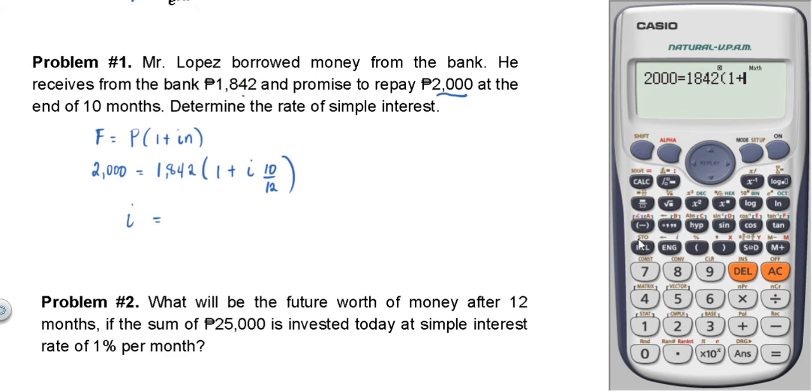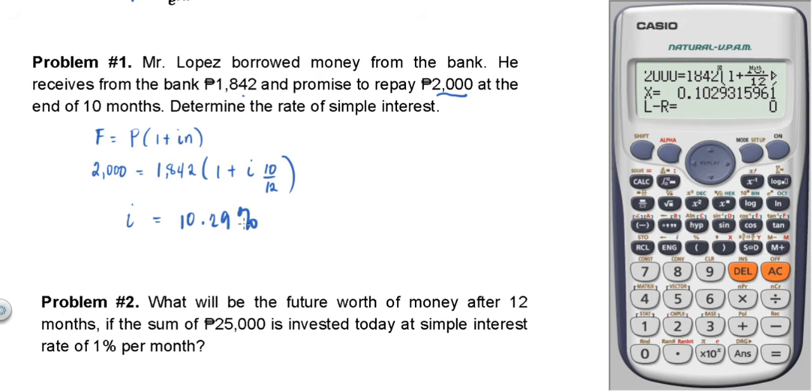So, 10 i, okay? Gamitin natin ng X, no? Over 12. Okay? Then, shift, solve. So, answer is 10.29%. So, ganyan lang kasimple yan.